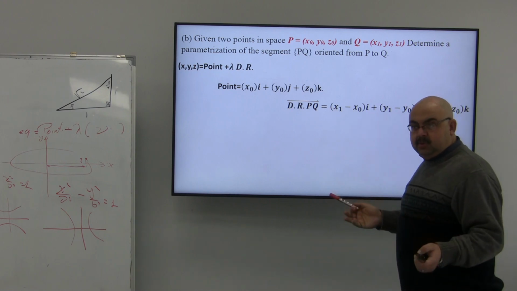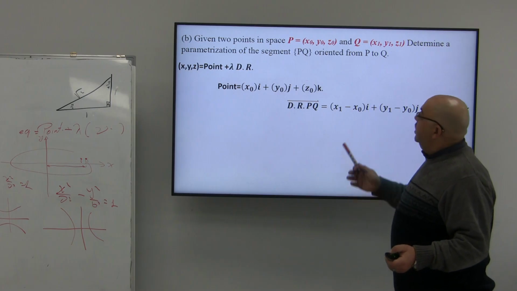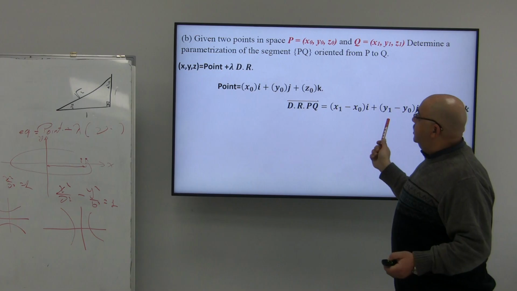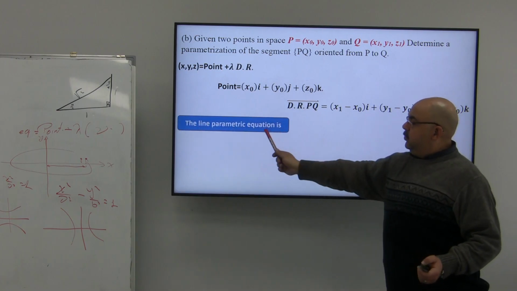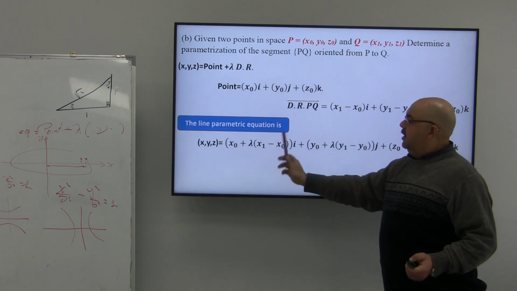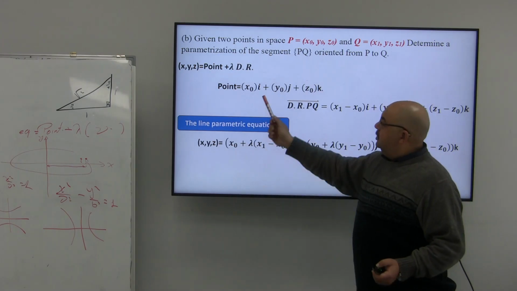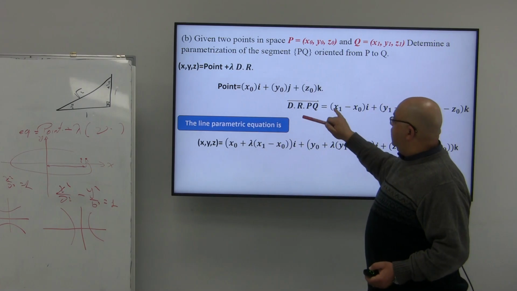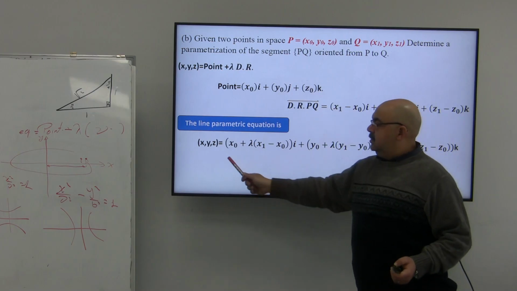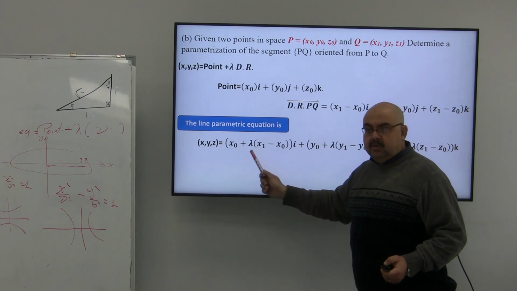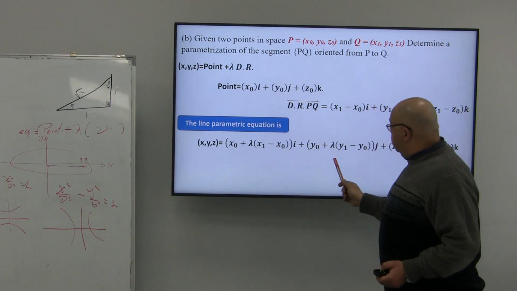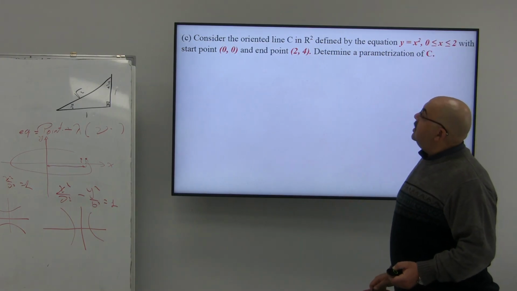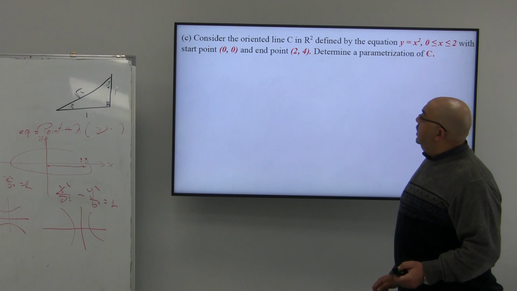I will get the difference between these 2 points. Now I will take this q and that's p. That's the direction vector. All I have to do now for the parametric equation of this line is x naught, the coordinate in the I direction, plus lambda times x1 minus x naught. This is the I component in the new line. And this is the J component, and that's the Z component. Okay? Here it is asking you to consider an oriented line C in R2.